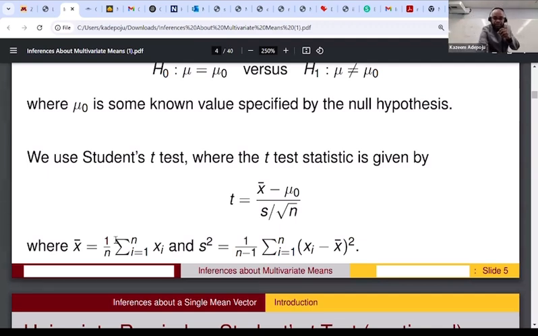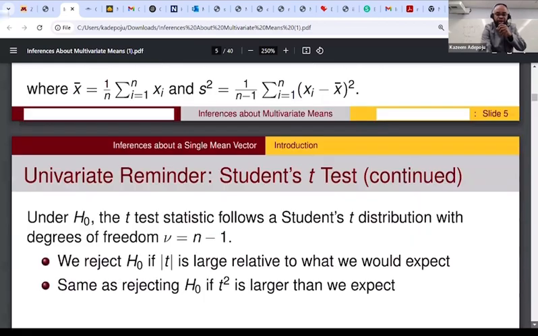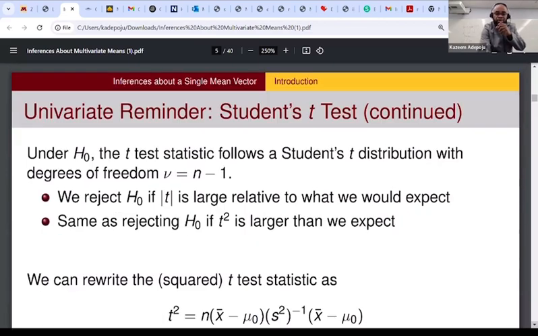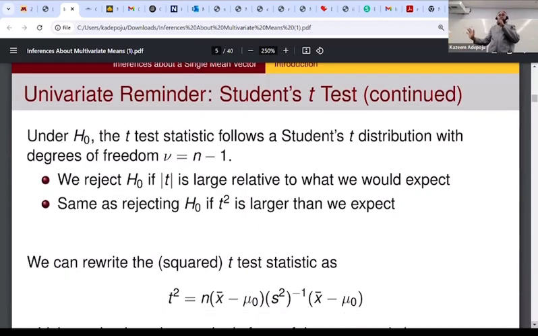If you want to figure that out, this is the formula for the mean. This is the formula for the sample variance. You are already familiar with them. Now we understand how this is achieved in the univariate case.